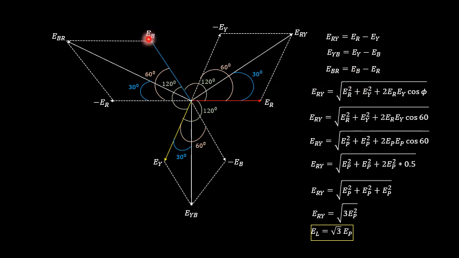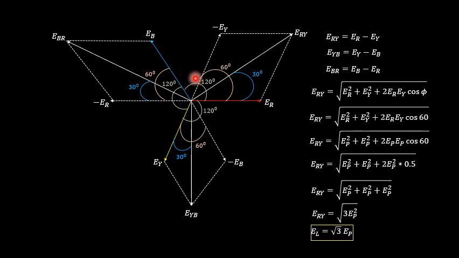So in between EB and minus ER, I will be obtaining the equation for EBR. This is the central line you are going to draw, and it is going to give us the value of the EBR line voltage, that is the voltage in between the line B as well as R. So this is how you join from EB to EBR and minus ER to EBR in order to get this particular third equation. So this completes your phasor or vector representation of a star connected system.